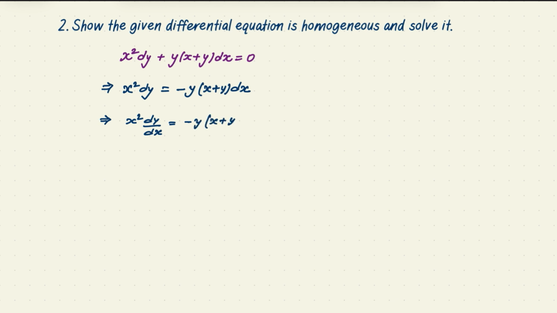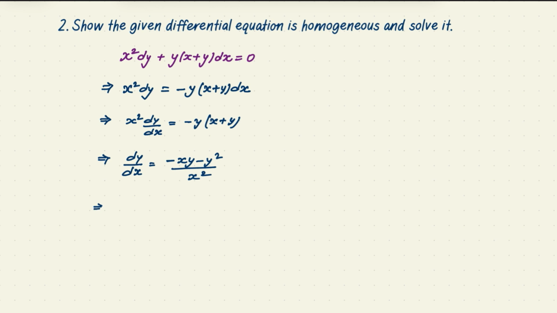x plus y. Dividing both sides by x square, we will have dy over dx equals minus, let us open this bracket, xy minus y square, and in the denominator we will have x square.